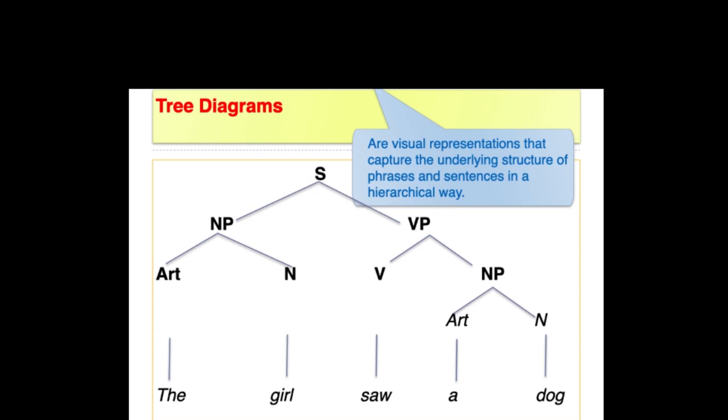The VP includes a verb, which is saw, and a noun phrase, which again consists of an article and a noun. So you see, we go from the larger constituents into the medium constituents, like phrases, and then into the word-level, parts of speech constituents, the different words that we use.